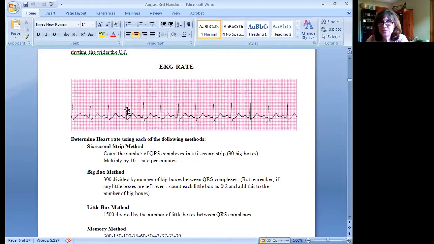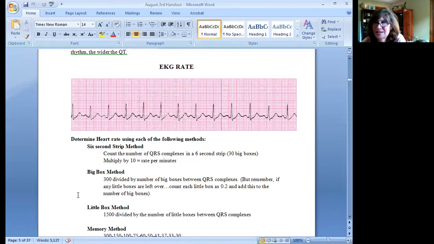You got to remember this number, 300, for the large box method. So 300 divided by 2.25, or we could even say 2.2. 300 divided by 2.2, heart rate's about 136.